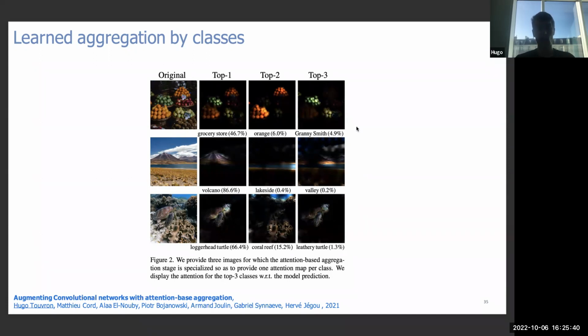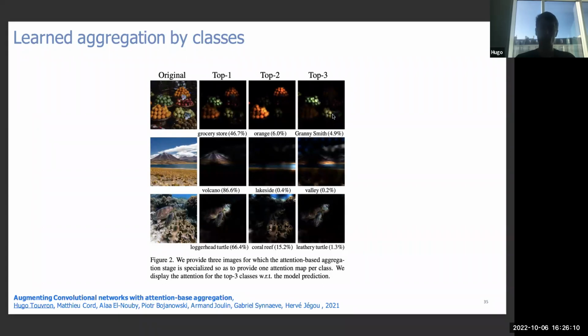And if you want to understand why the network says grocery store, you can see, thanks to the attention map by concept, that the network mainly focuses on the different types of fruits. And thanks to that, the network predicts grocery store. But the network predicts also orange because it focuses on the orange part of the image. And for Granny Smith, this is similar. It focuses on the apple in the image.